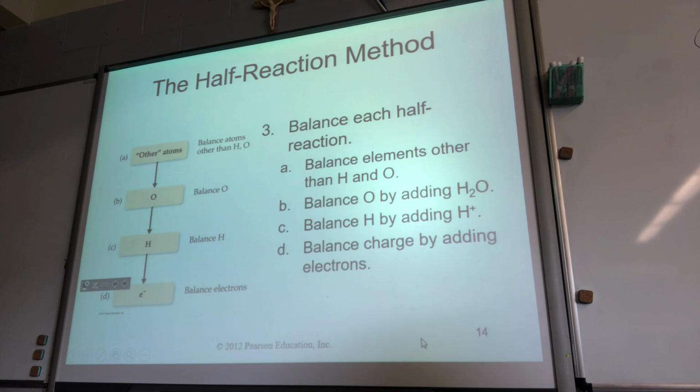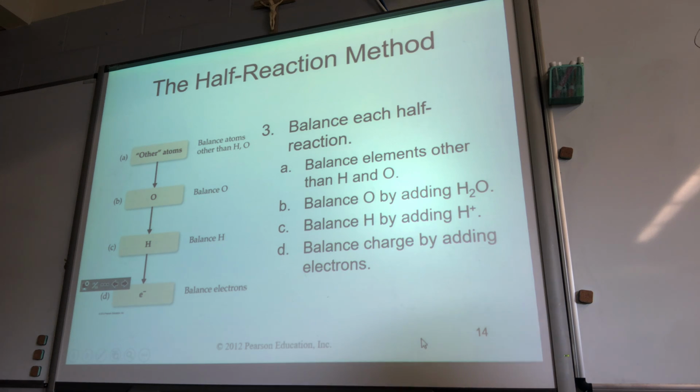The very last step of this particular method, for each half reaction before you add them all together, is going to be to add electrons to whichever side needs to be balanced as far as charge is concerned. Now don't forget, H's are positively charged, electrons are negatively charged. So you're trying to balance positive and negative so that each side has the same charge.